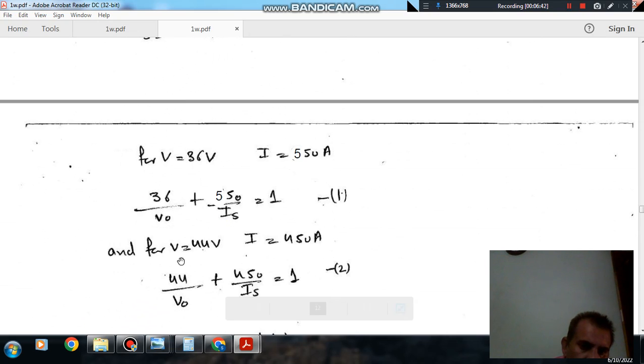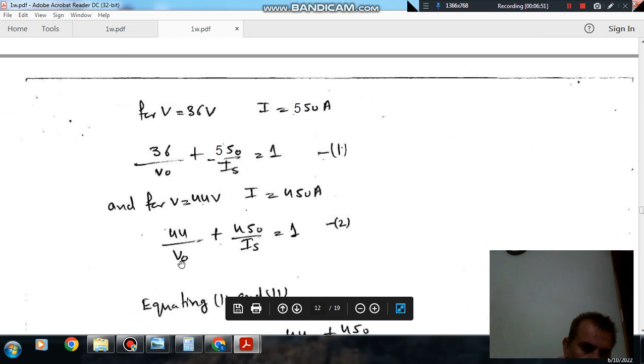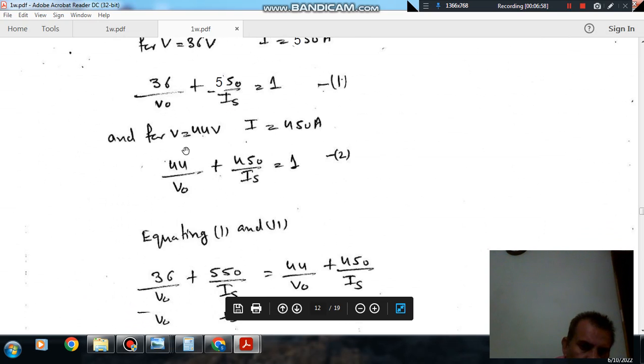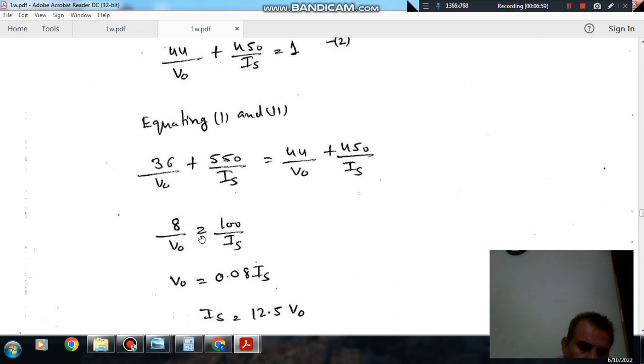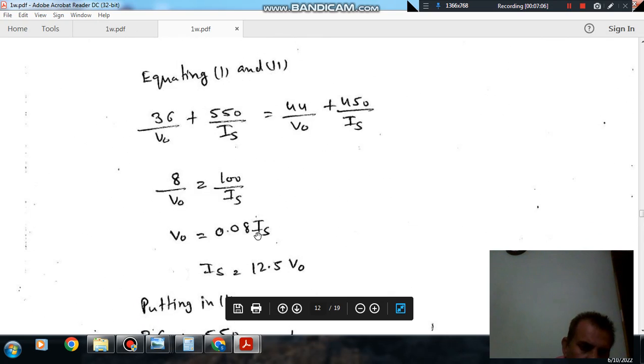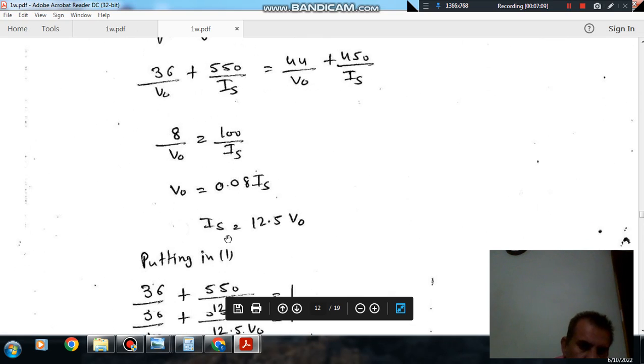And if we put V is equal to 44 and I is equal to 450, then the equation will be 44 by V naught plus 450 by IS is equal to 1. So equating 1 and 2, we get V naught is equal to 0.08 into IS, so IS comes out as 12.5 V naught.